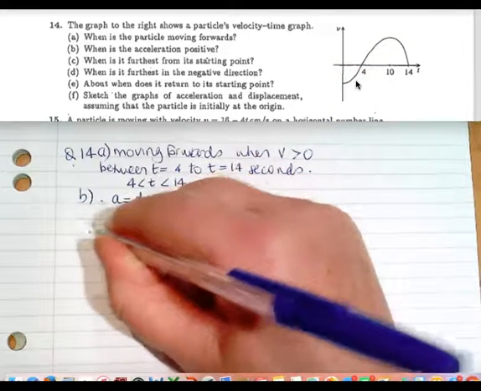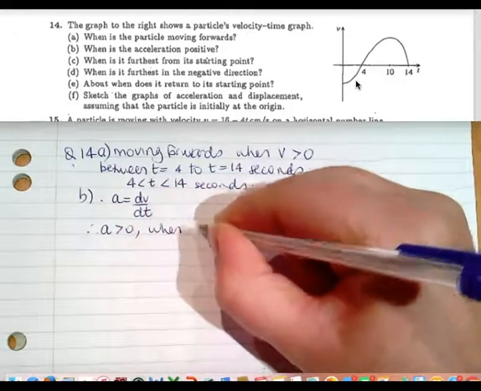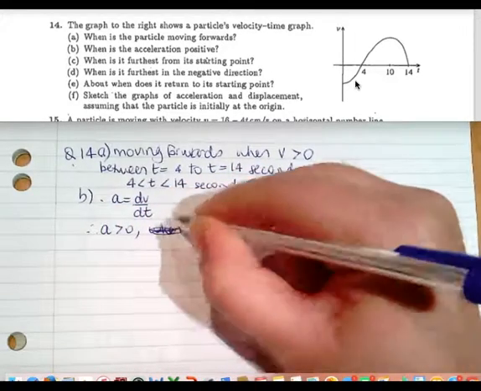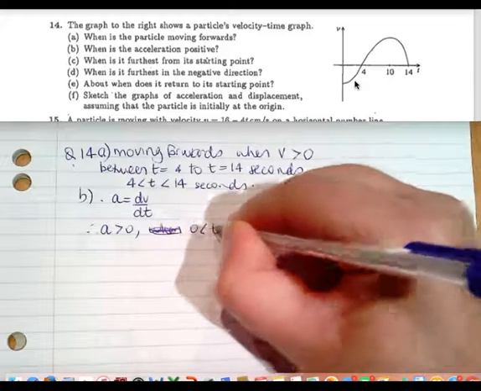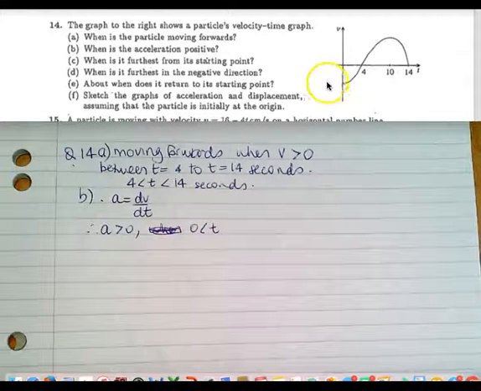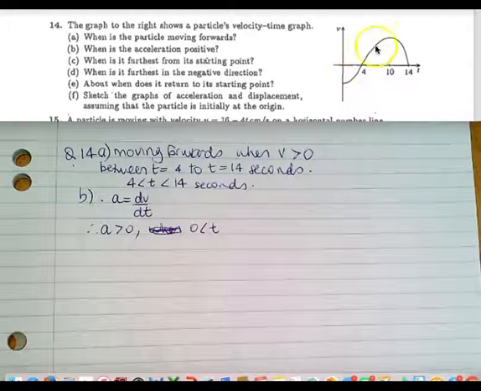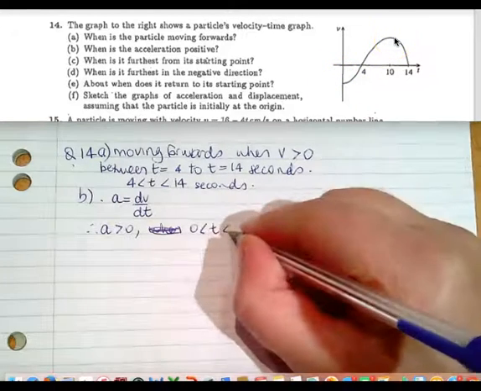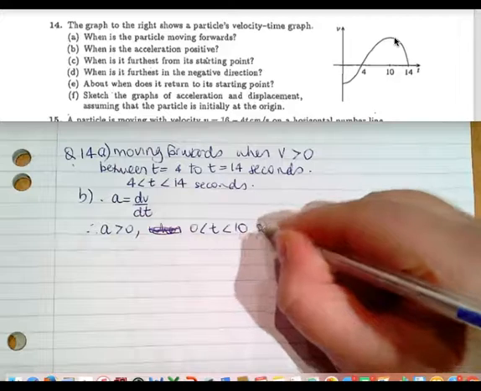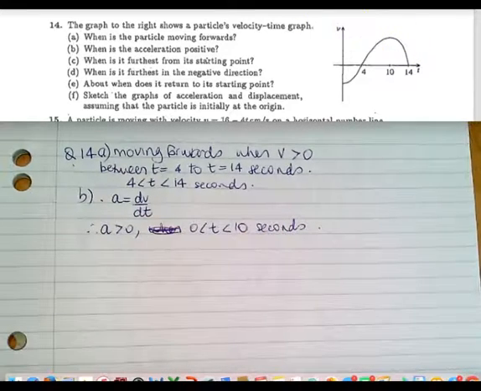So acceleration is greater than 0 for time greater than 0. This looks like the gradient here could equal 0, so it's for time greater than 0 up to time less than 10 seconds. Okay, so it's between 0 and 10 seconds.